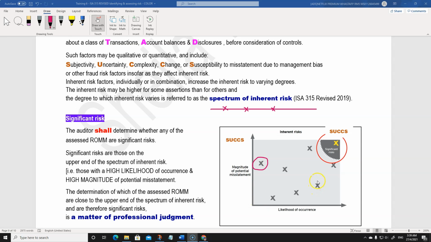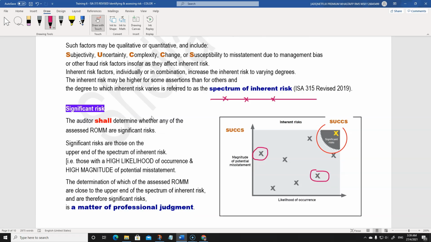And this one has got a high likelihood of occurrence, but it's got a lower magnitude. So this is the spectrum. So the ones that are on the higher spectrum, like here, would be considered to be a significant risk. But items that have got more of SUCCS, because SUCCS is in the area of high magnitude, isn't it? Then it would be more likely that it would be a significant risk.